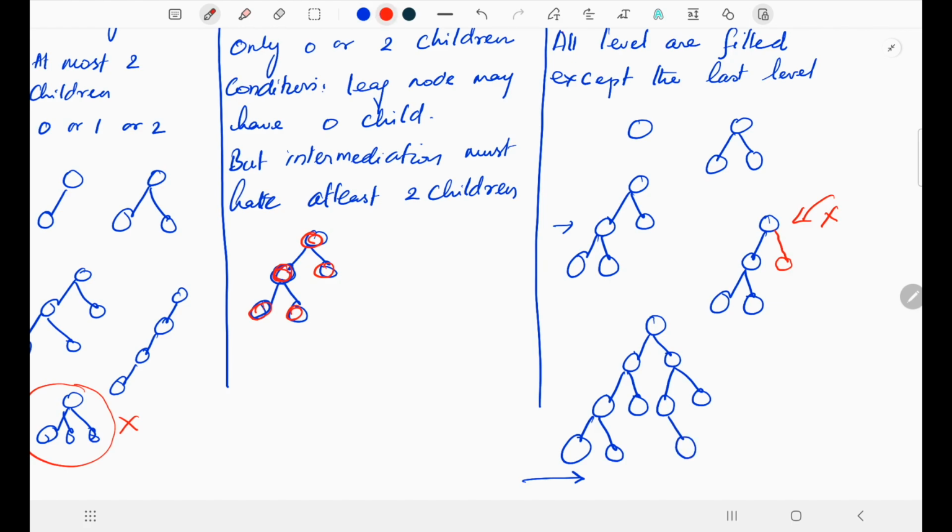That means here 2 are missing. You should not have missing nodes. You need to fill from left to right. So if you want to have only one child, it has to come like this. Okay, so this is the complete binary tree.